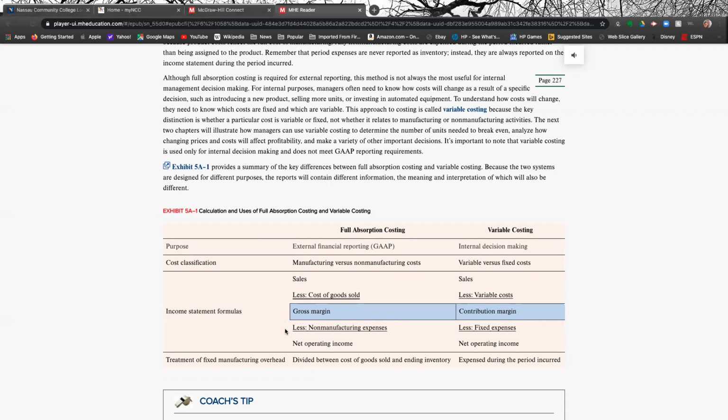Gross profit minus what they call non-manufacturing expenses, right? Those are the general administrative expenses, is net operating income. With the new income statement, the variable costing, sales minus variable cost is contribution margin. Contribution margin minus fixed expenses is net operating income.